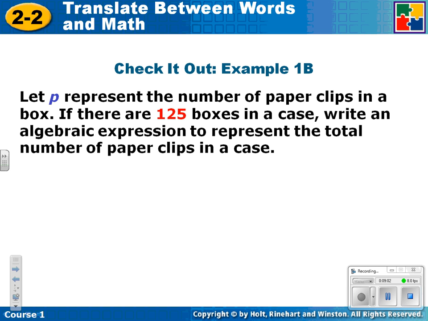P represents the number of paper clips in a box. If there are 125 boxes in a case, write an algebraic expression to represent the total number of paper clips in the case. What's our operation? I'm just going to start calling on random people, so you better be paying attention.